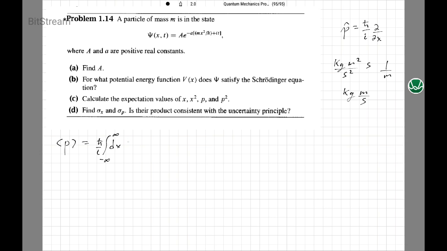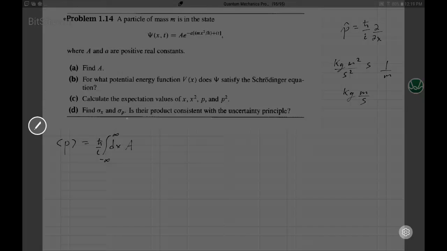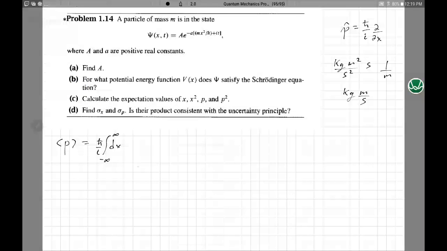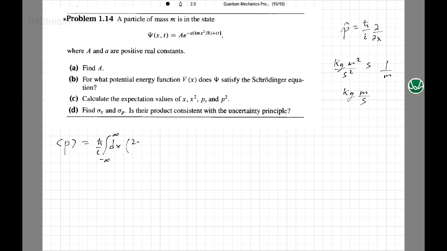Okay, then we're going to have our, I should write out what A is. So that, I probably should have written it outside the integral. A is m over h bar pi to the 1/2.